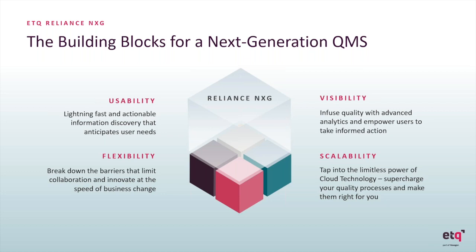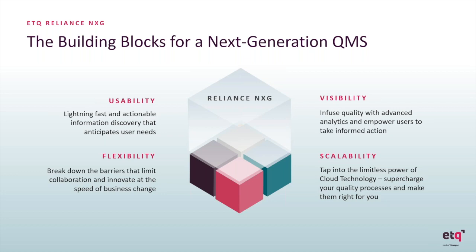We want to increase visibility. So we have an analytics tool called ETQ Insights for advanced analytics to allow you to not just do reports, but analytics and report and analysis and take information to the next level.